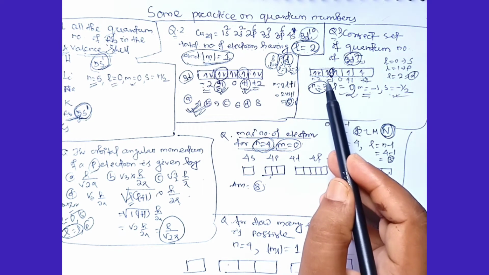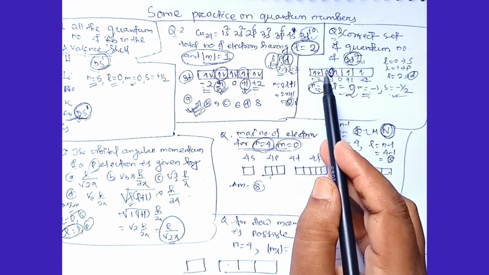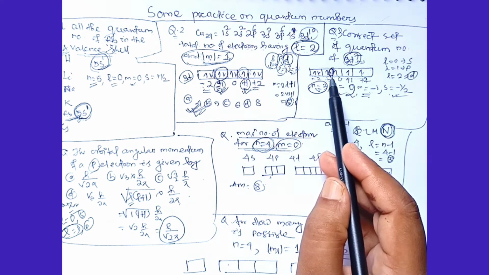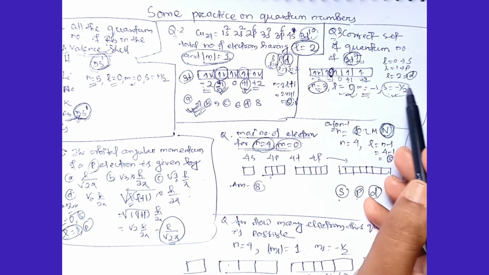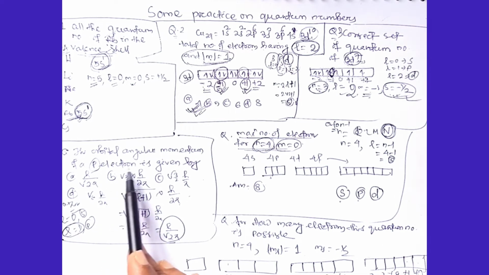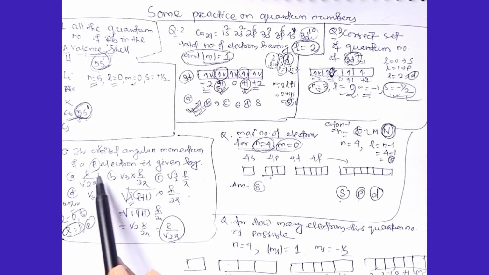Here the m value is minus 1, and as the earlier electrons are in the clockwise manner and this last electron is revolving in the anti-clockwise manner, we are assigning the spin quantum number as minus half.